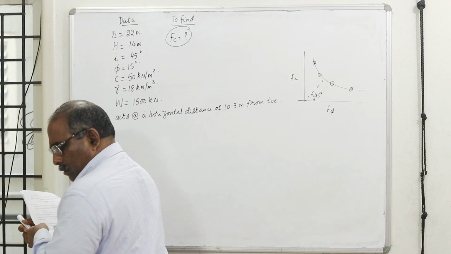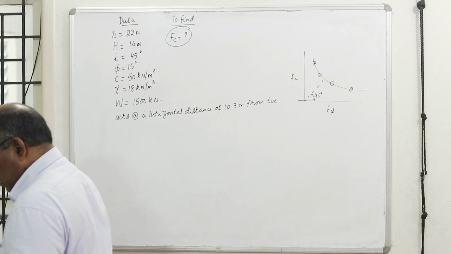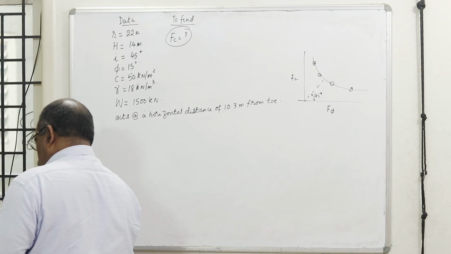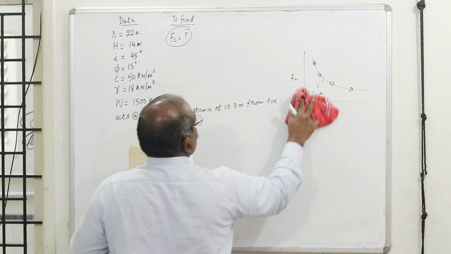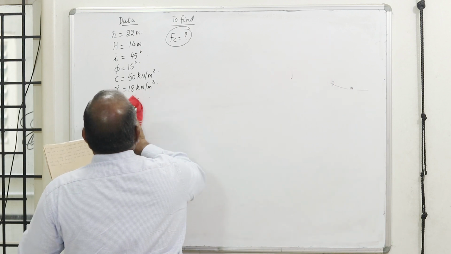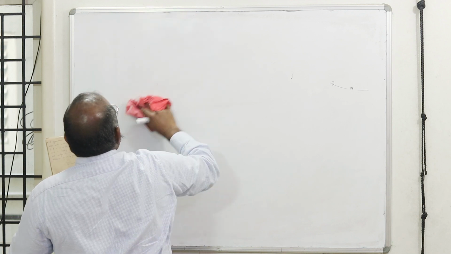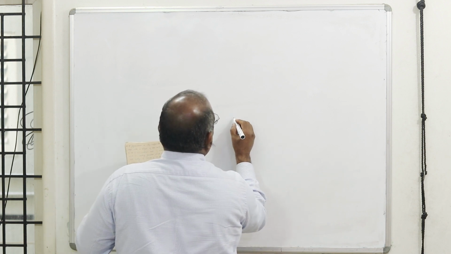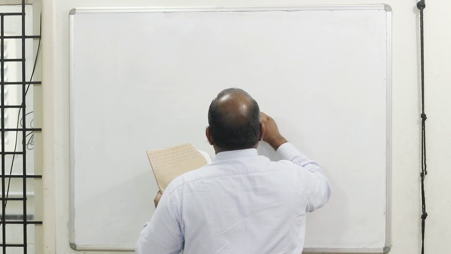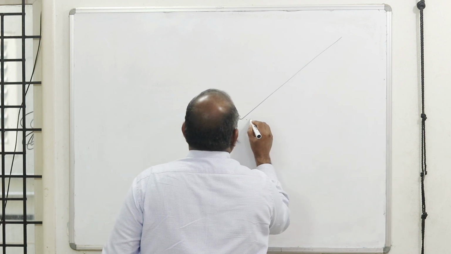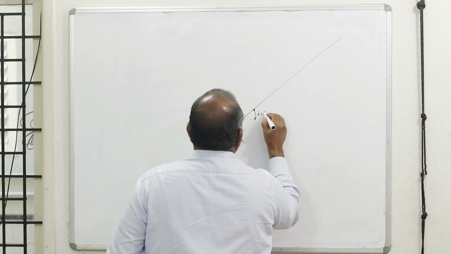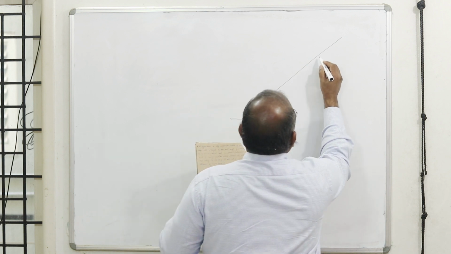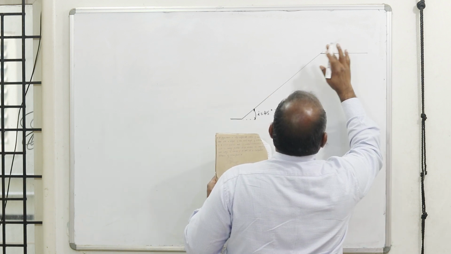Now let me show how to draw this. With this data, I have my slope angle, that is 45 degrees. Draw a line at 45 degrees. This is i equal to 45 degrees. Now the height is given as 14 meters. Take a suitable scale, then scale it out and draw.